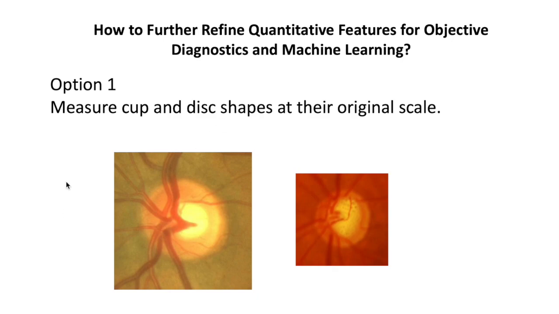For future studies, there are more features that should be measured in order to derive quantitative features for a machine learning model. One is to measure the cup and disc shapes at their original scale. We could not do that in this study because the archived data were taken at different magnifications, and so we can only measure pure shape. So it would be interesting to measure the shape of these cups at their original scale.